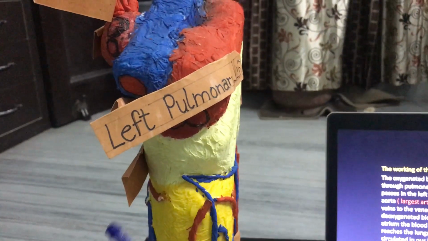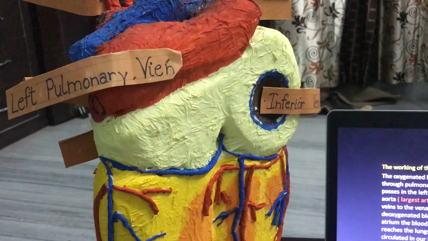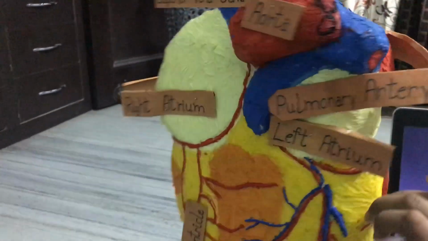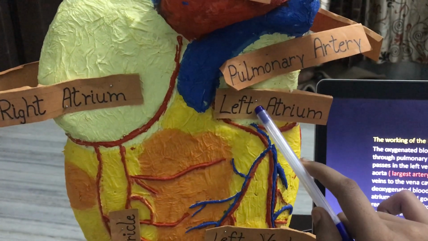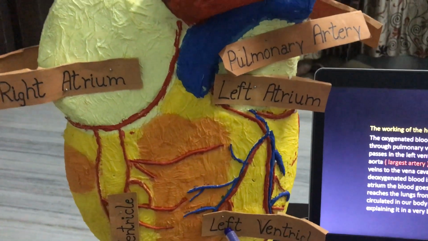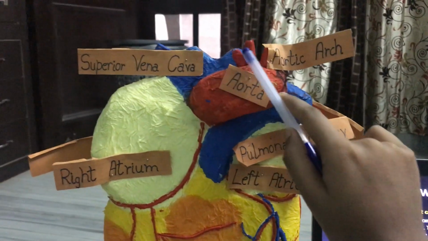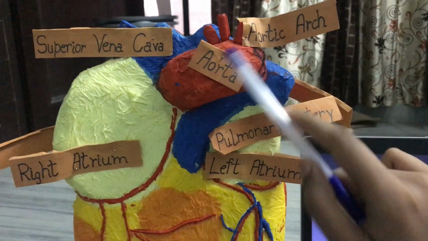So what happens in the working is that the blood from lungs is received by the pulmonary vein, and from the pulmonary vein it gets transferred to the left atrium, from the left atrium to the left ventricle, and from the left ventricle it goes to the aorta. Then the aortic arches transfer all the oxygenated blood throughout the body.